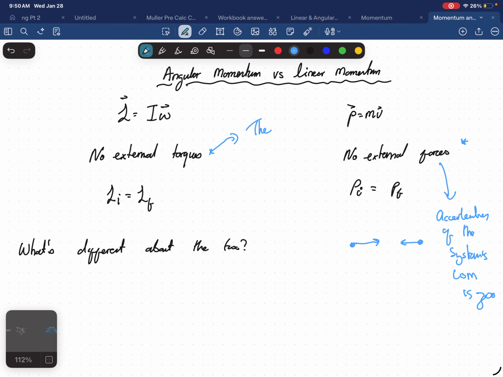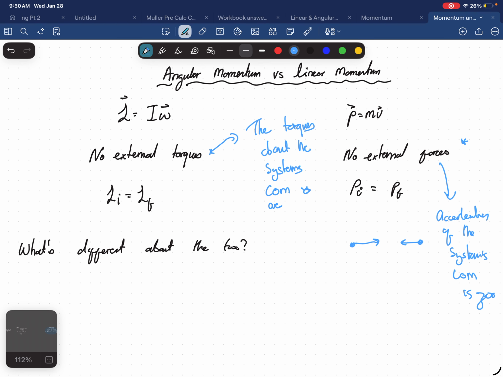Sorry. Anyway, so the torques about the system, and remember, not an individual particle but the whole system, is 0.